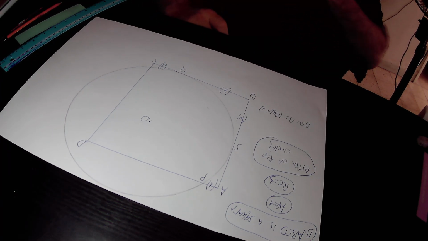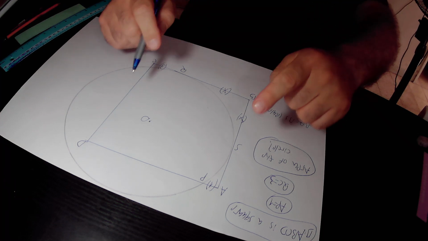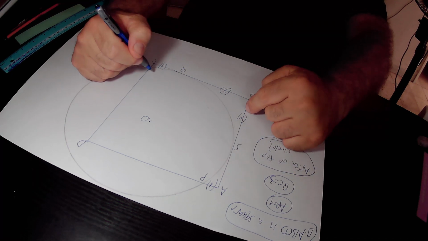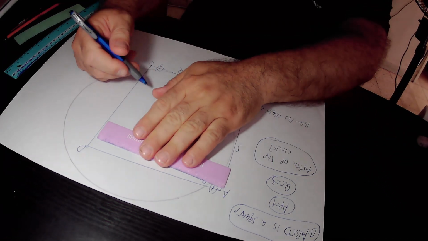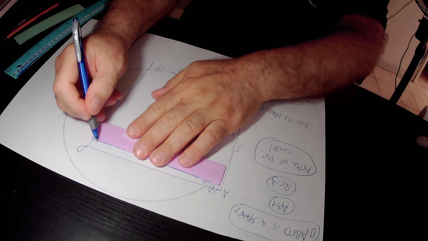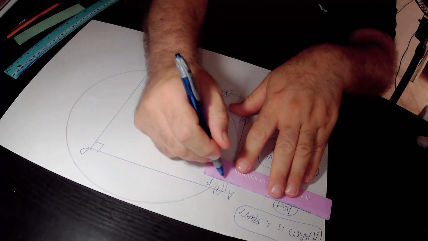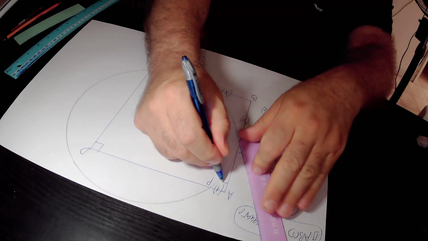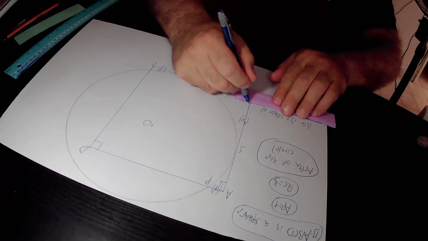We know that all the angles inside the square are right angles. So those four angles are all right angles. This is a right angle. This is also a right angle. This is a right angle.